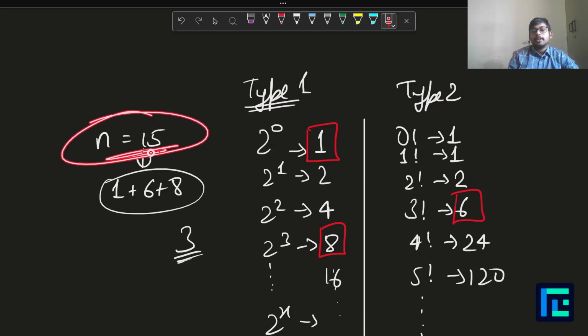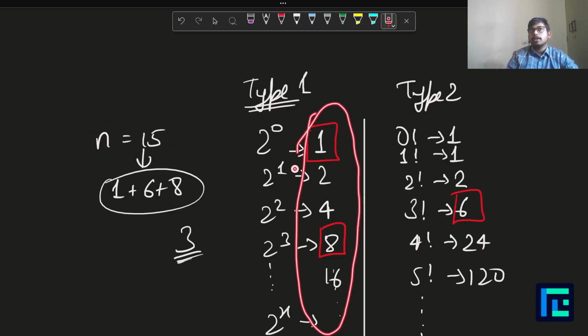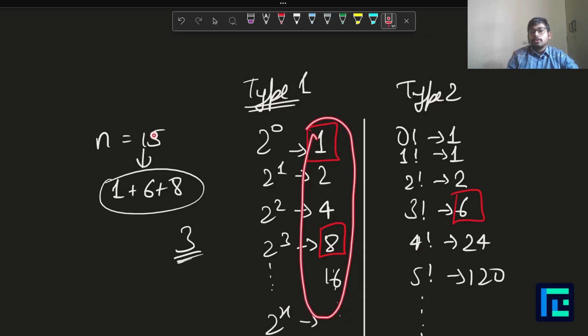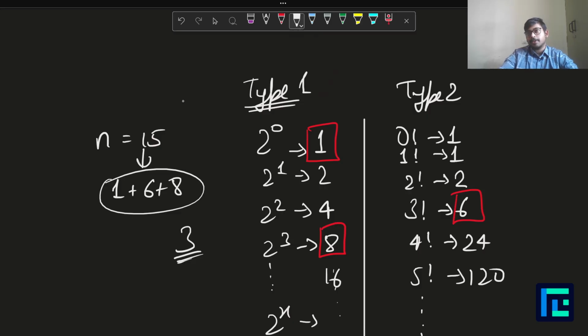Whatever number you are given, if you are only allowed to use powers of 2, then using distinct powers of 2, you need to form a number n with the minimum number of distinct numbers. What is that? If you think a little bit, that is actually the binary representation of that number.